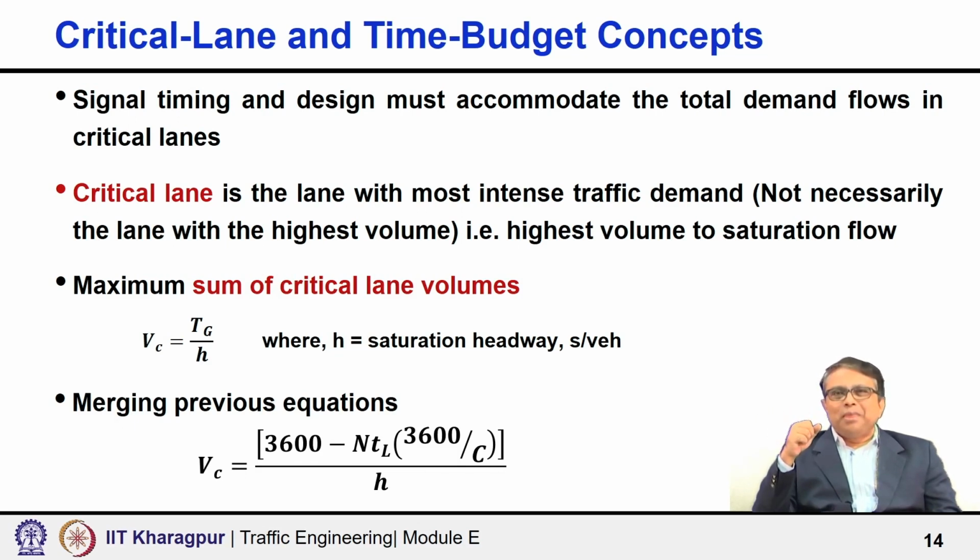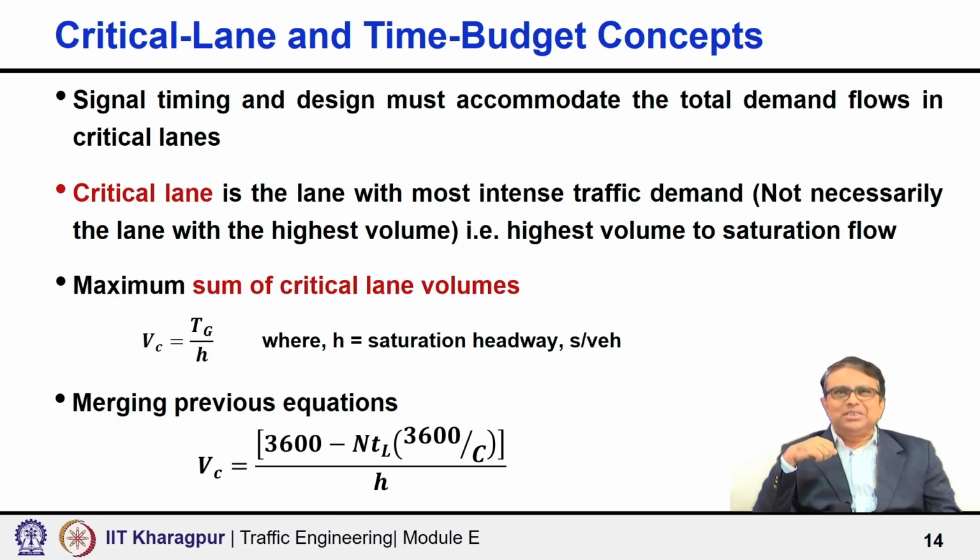But suppose one of them actually has 2 lanes, then per lane traffic will be total by 2, and if so, I cannot simply compare the volume, but volume by saturation flow, right. So, the highest volume to saturation flow will be the critical lane. I shall also take an example to explain this further.